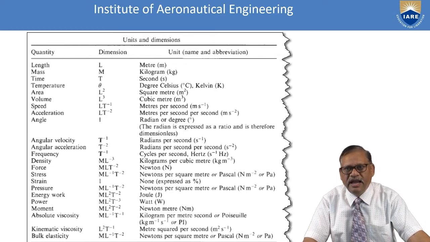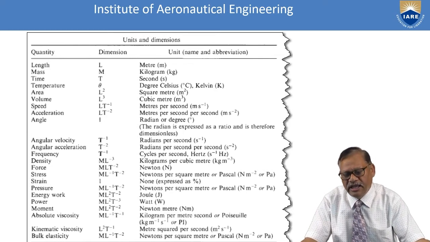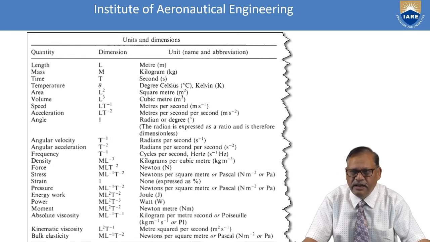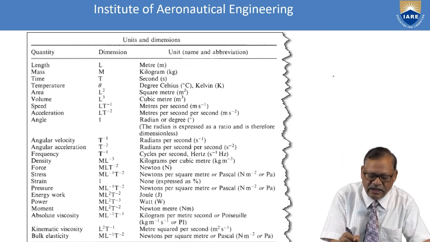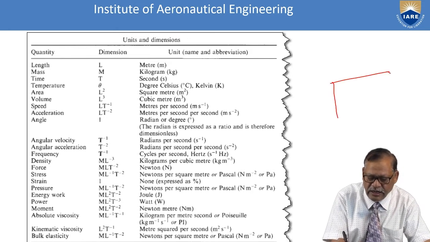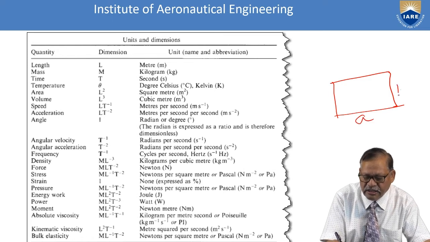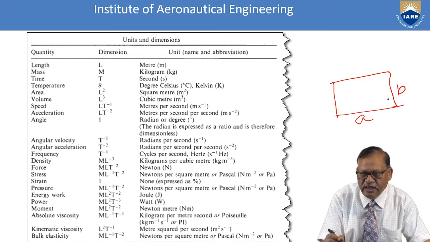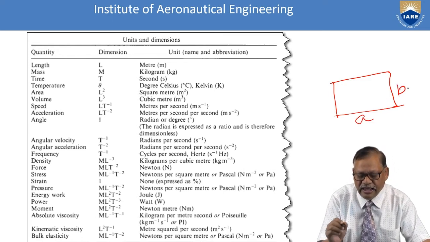So area is equal to how much? If you take a rectangle or a square, A into A, A squared, or A into B. For a rectangle with sides A and B, that is length and length.